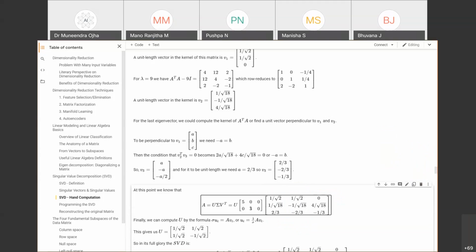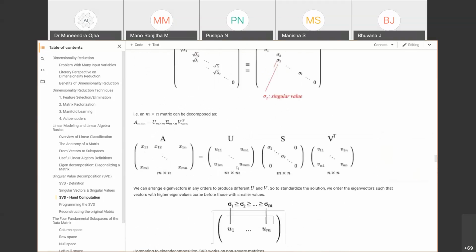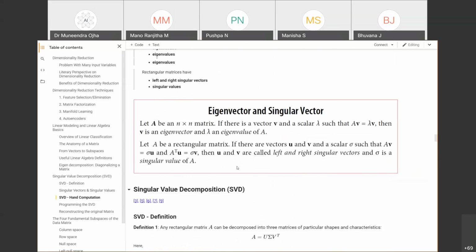Okay, so if we have sigma and we have V, we can obtain U, and thus U is obtained with this formula: sigma u equal to AVi, that we had obtained above. Remember, I had told you this in the definition.